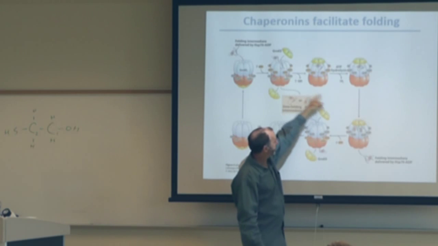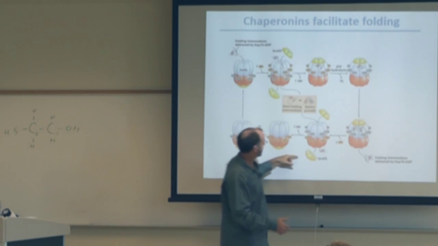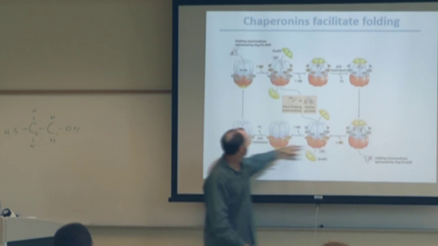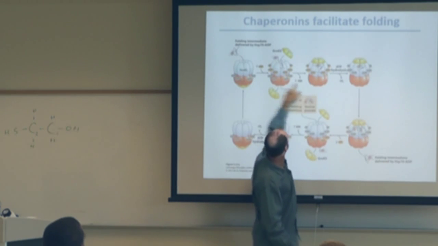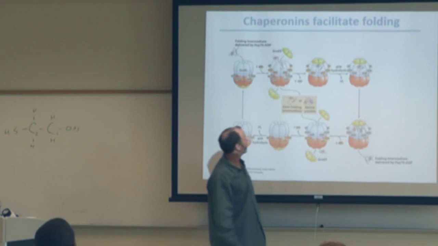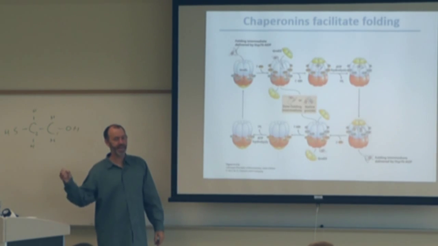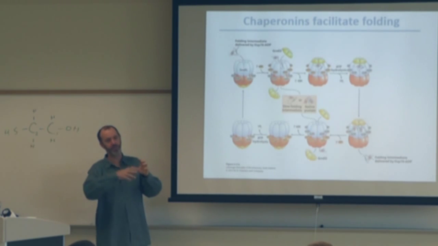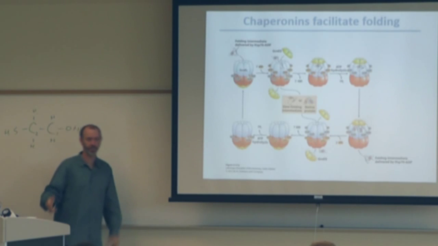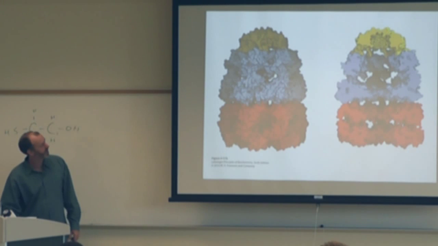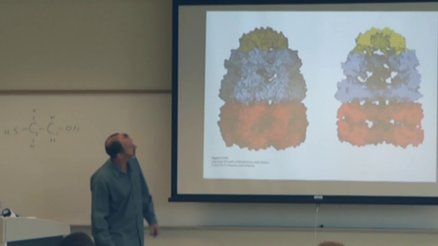You get multiple ATP hydrolysis before eventually the native fold comes out of the complex. It's an ATP-dependent process. There are certain proteins that'll bind to it hundreds of times before it comes out as a folded protein. So it takes several hundred ATPs to fold. And this is from the Dicker book showing you that complex.